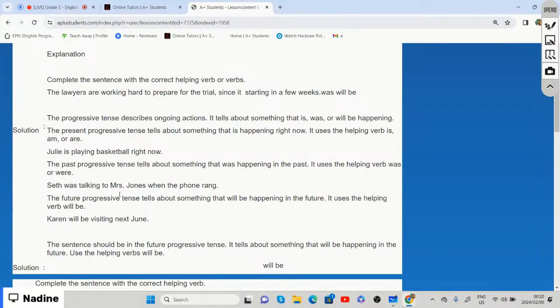And once again, we said that when it comes to tenses, right, it tells us about either the present, the past, or the future. And if we use the word verb tenses, right, then it is the action which takes place either in the present, in the past, or in the future.